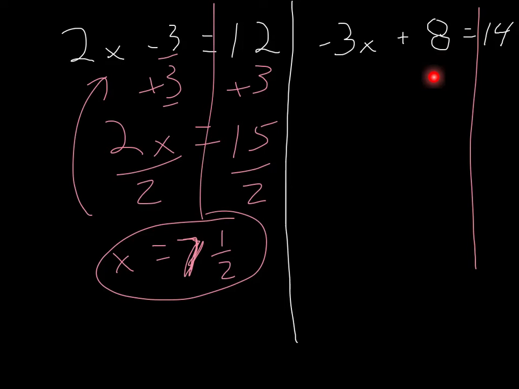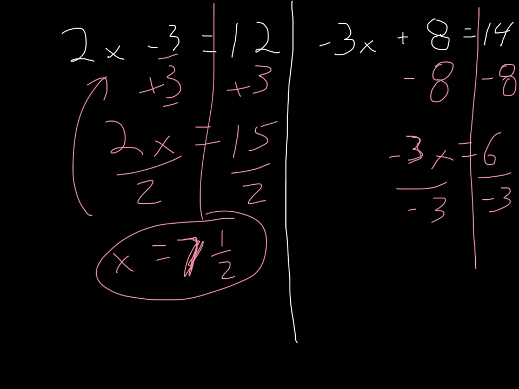So what I'm going to do instead is to first take away the 8, okay, and then I have a 6 equals negative 3x, and then in order to undo the negative 3 from the x, I'm going to divide both sides by negative 3, and I get x equals, and then we know that positive 6 divided by negative 3 equals negative 2.